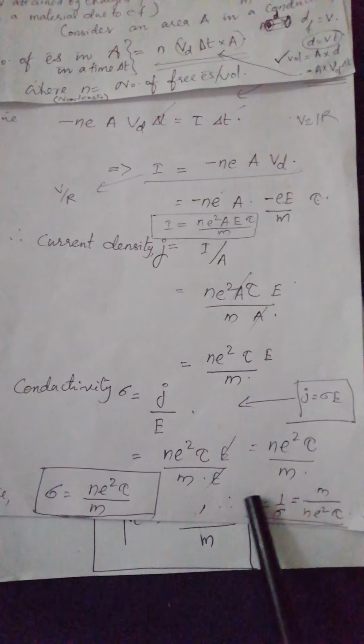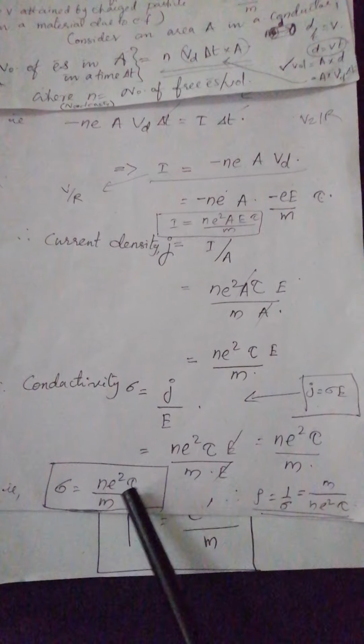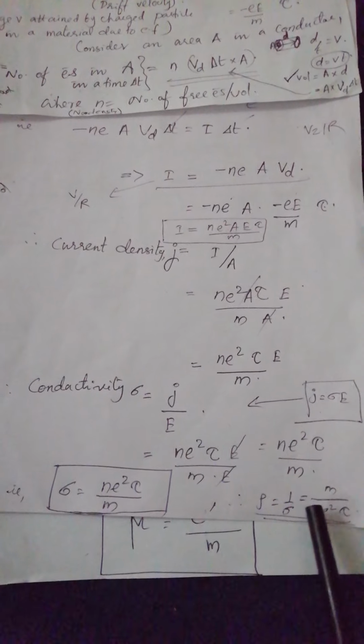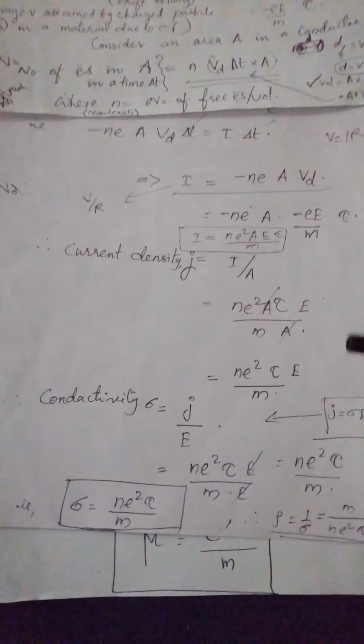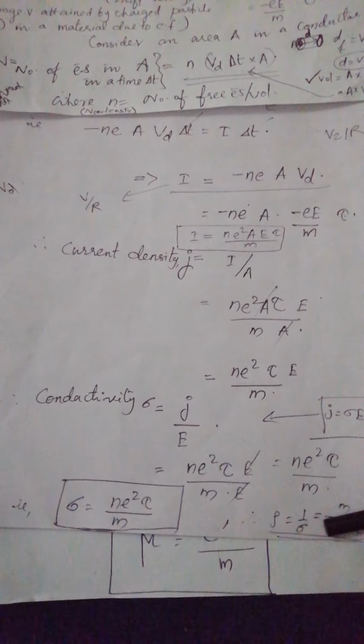Now the equation will become conductivity is equal to N e square tau divided by m. And resistivity is 1 by conductivity, so the equation will become reverse, that is m divided by N e square tau. This is the equation for resistivity.